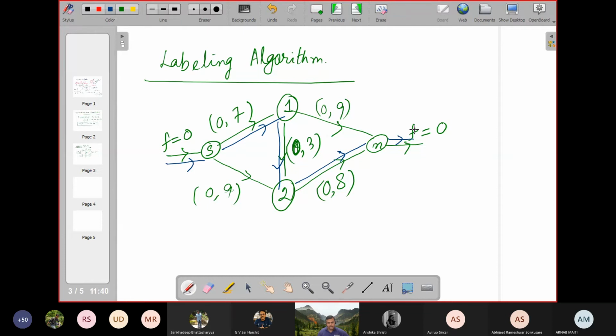From F equal to 0, can I add F equal to 1? Can I increase 1 unit or 2 unit or 3 unit? Yes, sir. What is the maximum I can increase? 3, because it is limited by the capacity of this arc, 3.